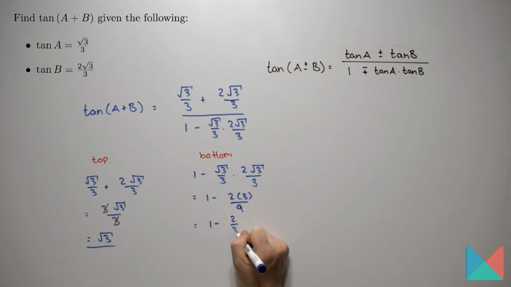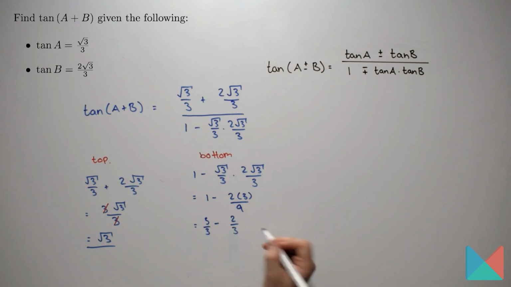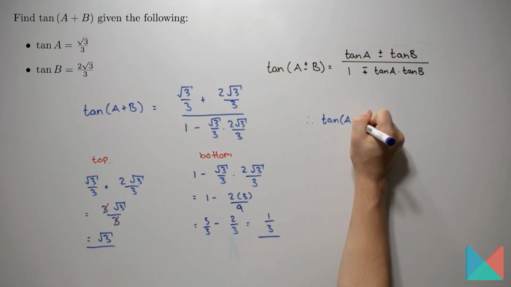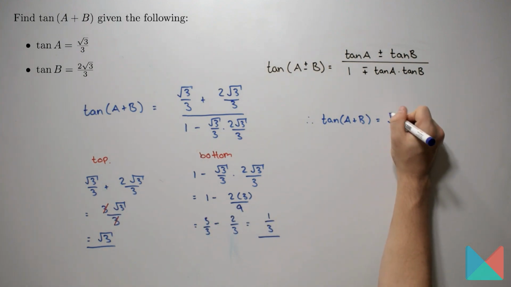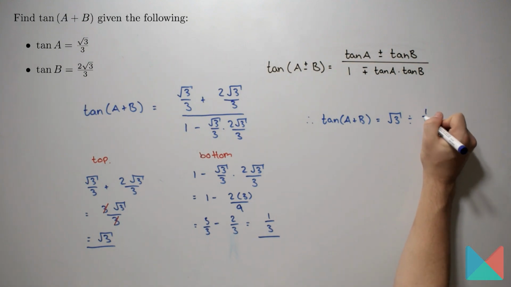And so we have 1 take 2 over 3. And let's replace this 1 with 3 over 3, so we have the same denominators. And we have 3 over 3 take 2 over 3, which is going to equal 1 over 3. And so the bottom of our fraction is going to be equal to a third. And now we can finally find our result for tan of A plus B. So we have tan of A plus B is equal to root 3, the top of our fraction, divided by 1 over 3, which was the bottom of our fraction simplified.